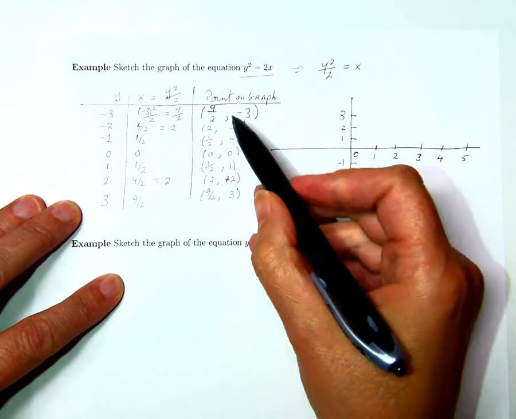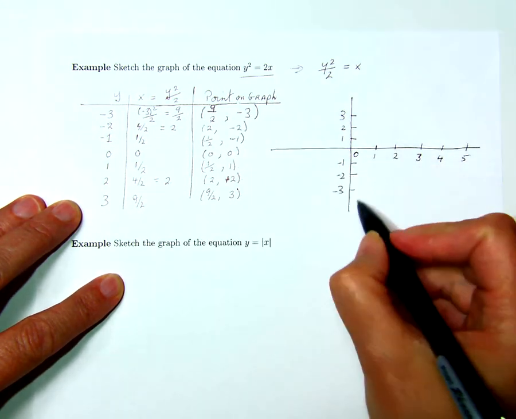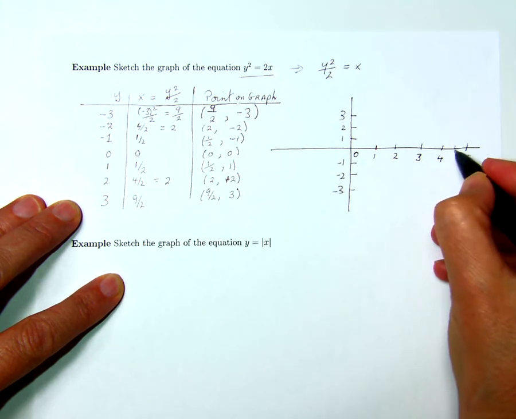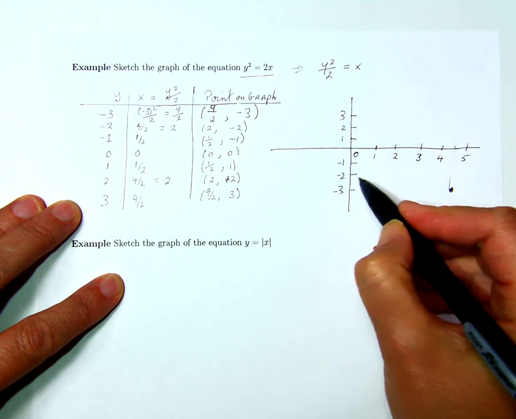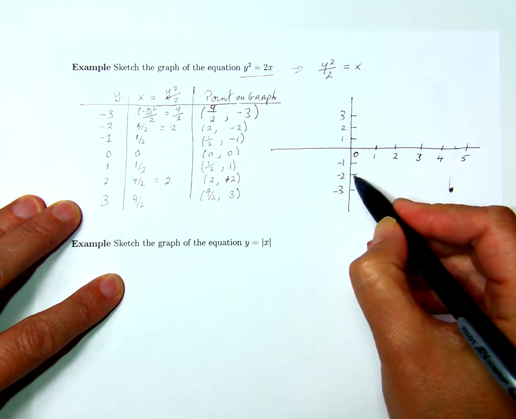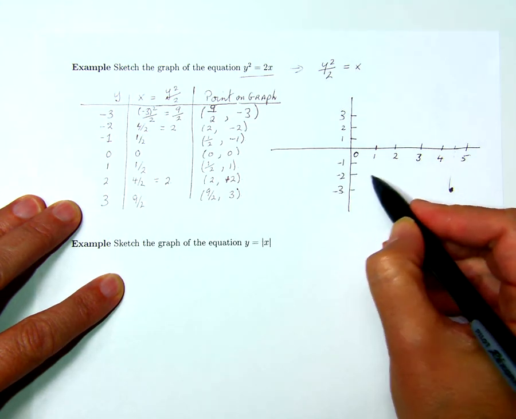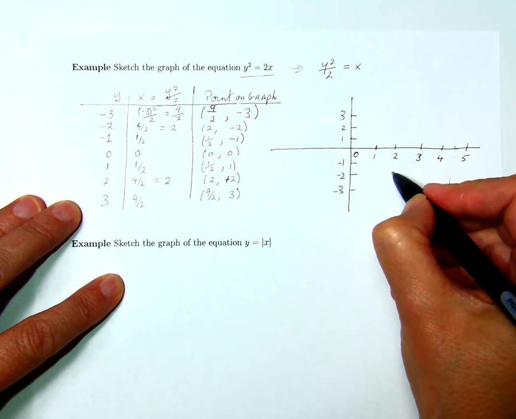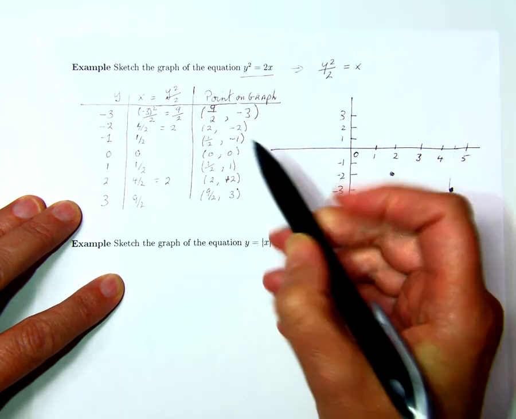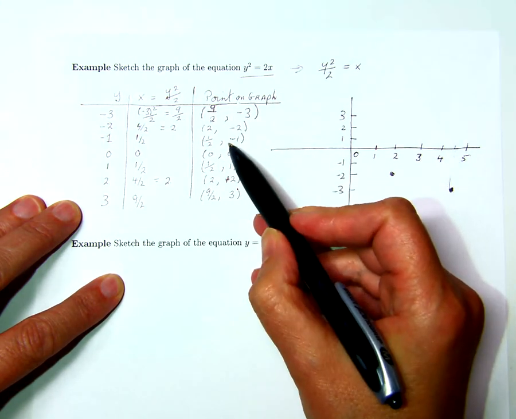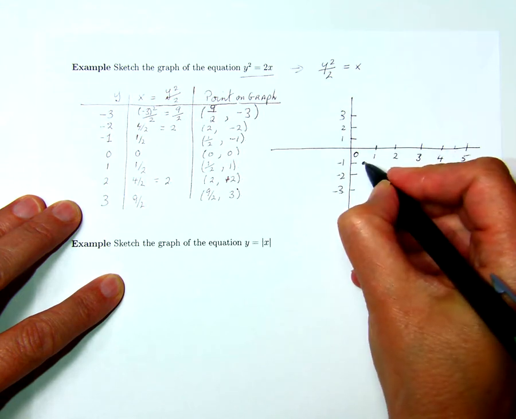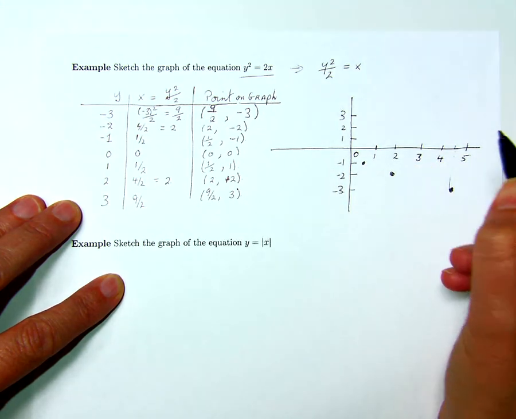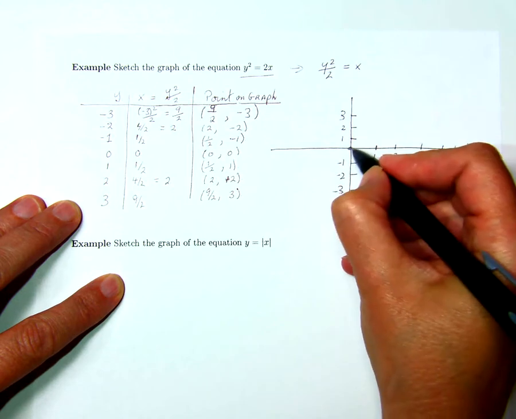So we have the point (9/2, -3). 9 over 2 is about here. This is on our graph. When y is -2, x is 2. When y is -1, x is 1/2, right here. And when y is 0, x is 0.